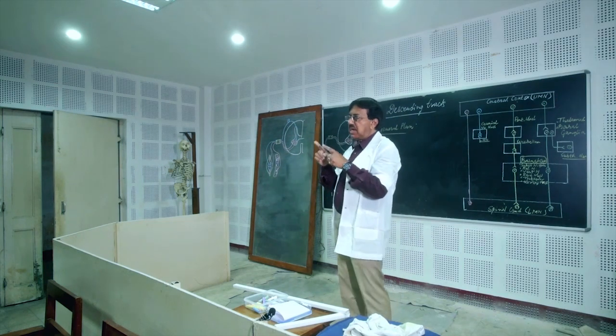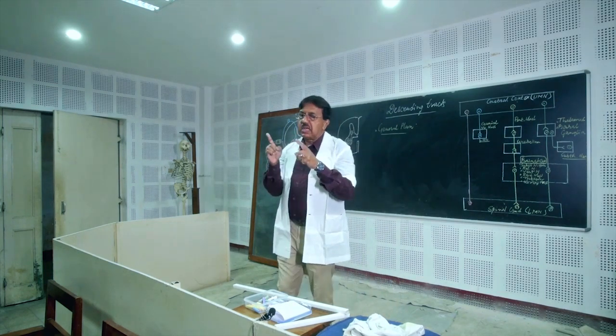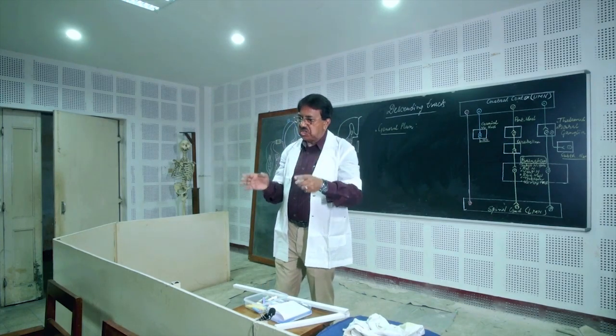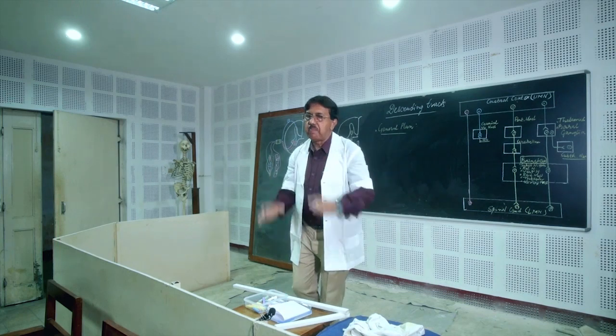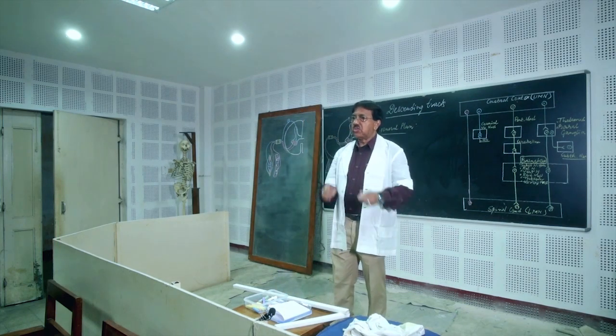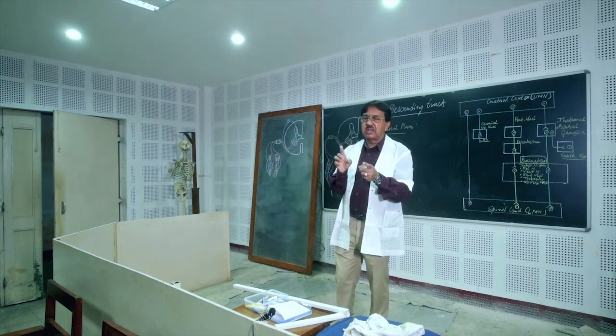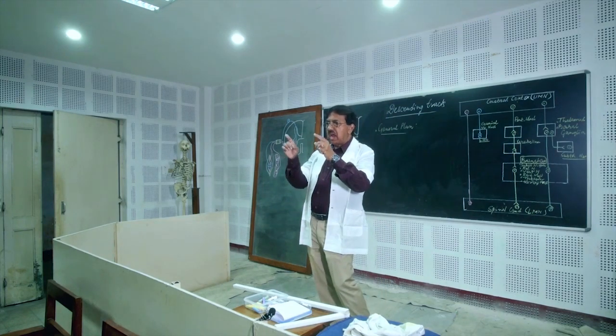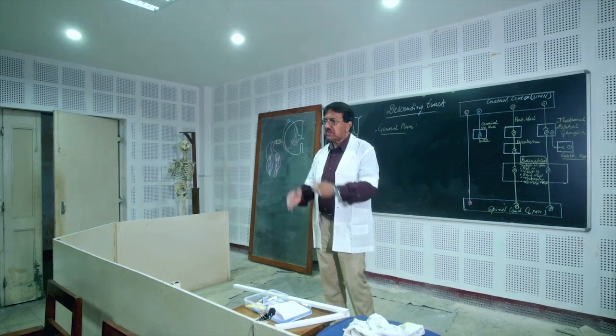And these descending tracts are the component of the efferent or descending or motor pathway. So there is some relationship between the descending tract and descending pathway, or efferent tracts and efferent pathway.